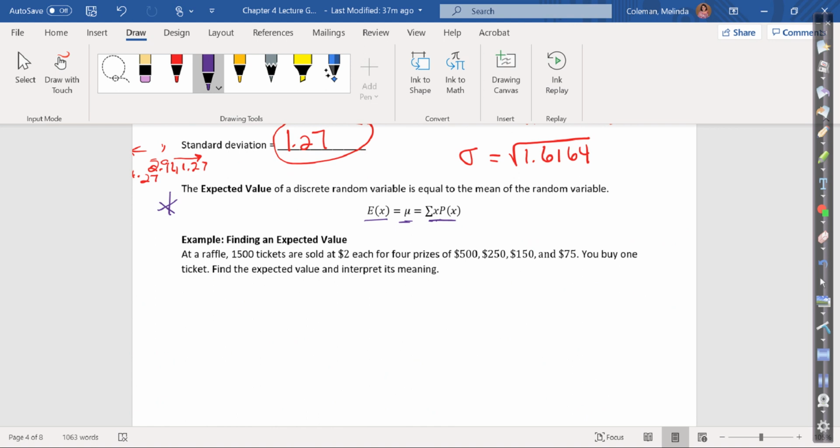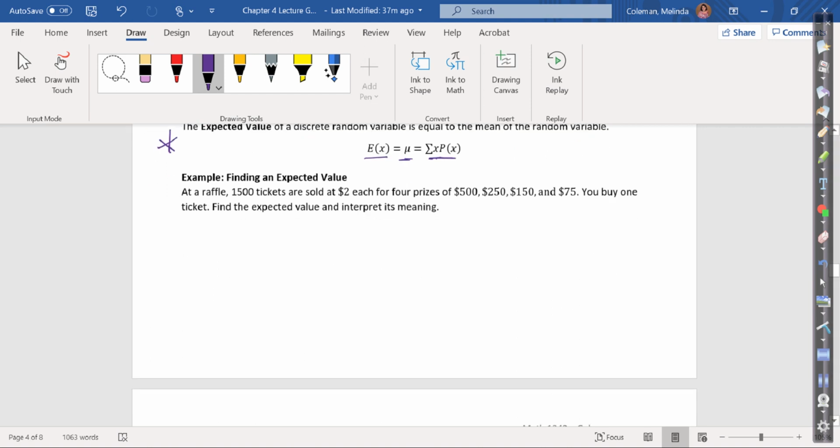Expected value is what happens when you're playing a lottery game or any kind of game where there's money involved. So this says at a raffle, 1,500 tickets are sold at $2 each for 4 prizes of $500, $250, $150, and $75. You buy 1 ticket. Find the expected value and interpret its meaning.